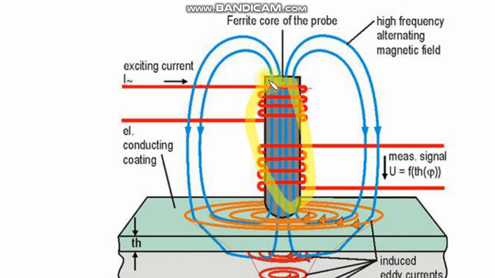The center one is a ferrite core of the probe, and in the ferrite core the winding for the current is wound. These two are the primary terminals for the exciting current, and the other two are the secondary terminals, with one more winding for measuring the output.